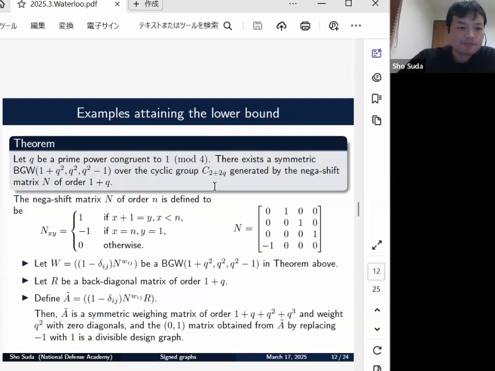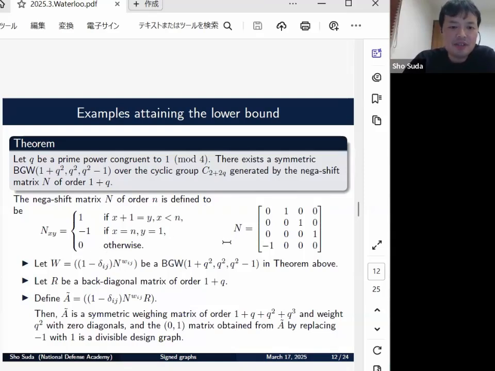In this case, we can take any generator, but in order to construct our divisible design graphs with nice signings, we take as the generator the negative shift matrix of order 1+q.